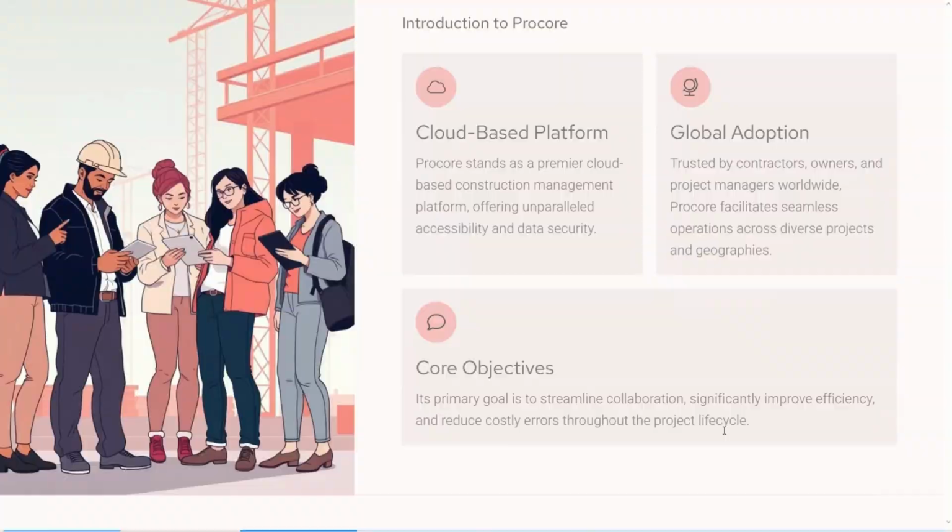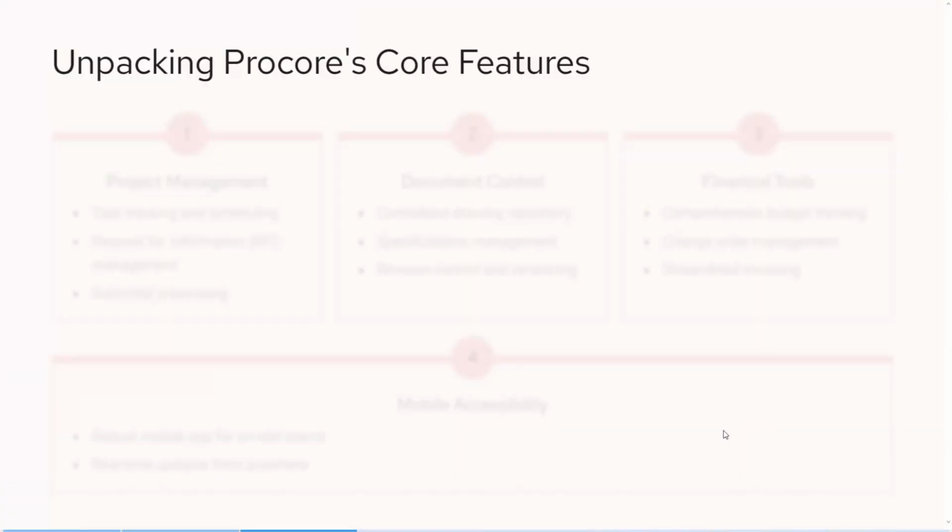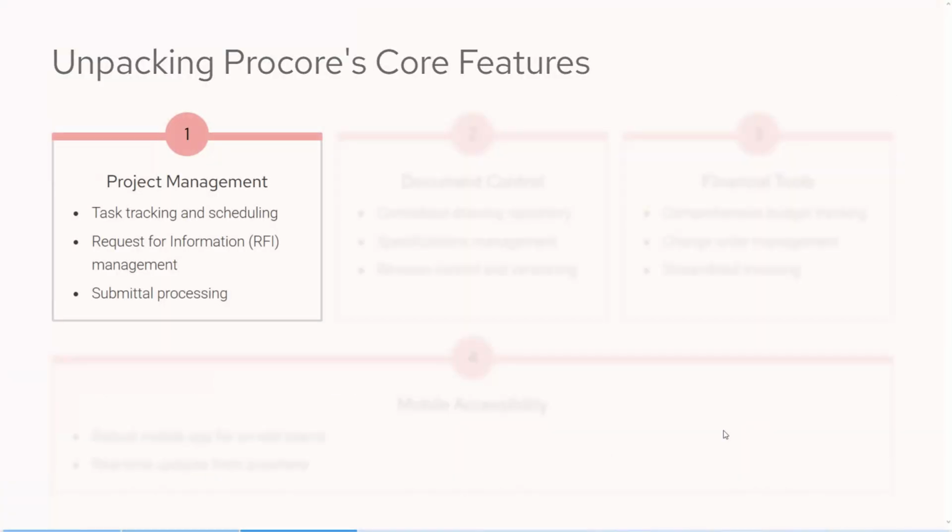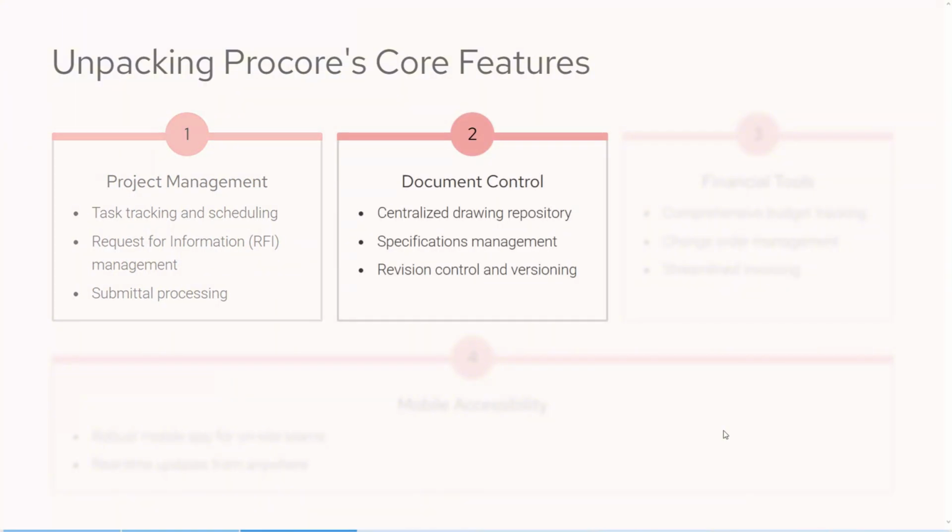Now, we will unpack Procore's core features. The first thing, project management. It has task tracking and scheduling. You can request for information management, and you can get a submittal processing. Now for the second thing is the document control. It has a centralized drawing repository, specifications management, and revision control and versioning.